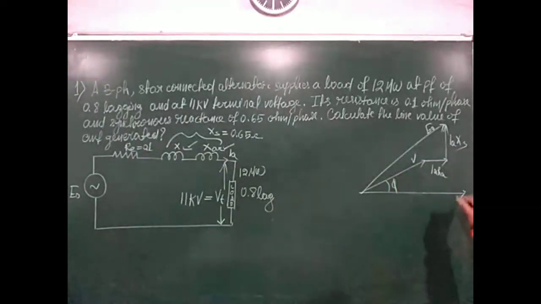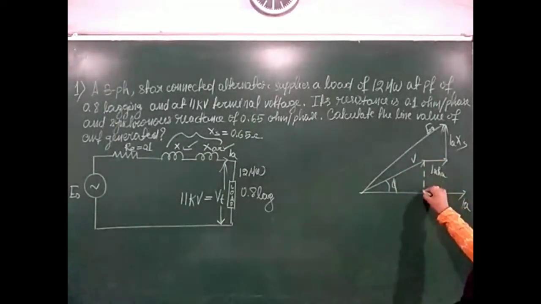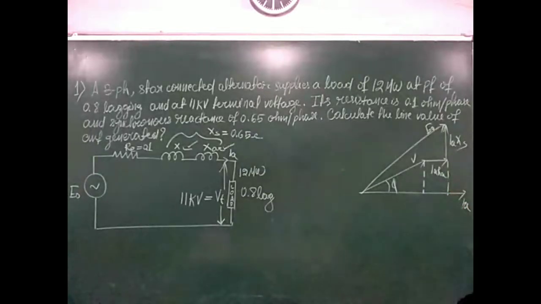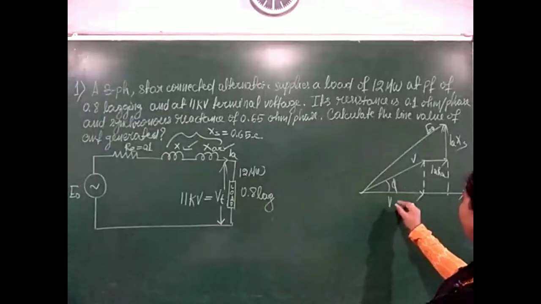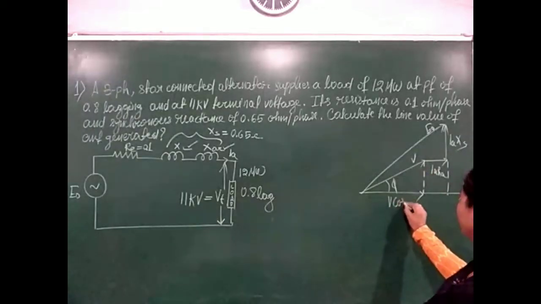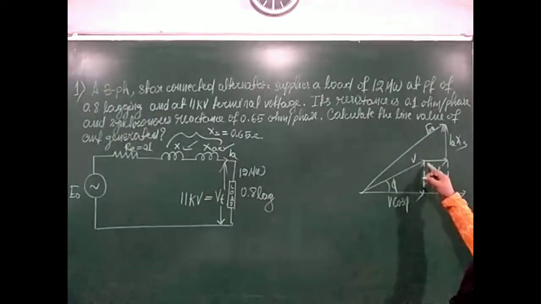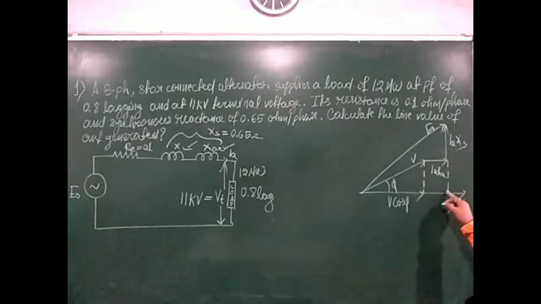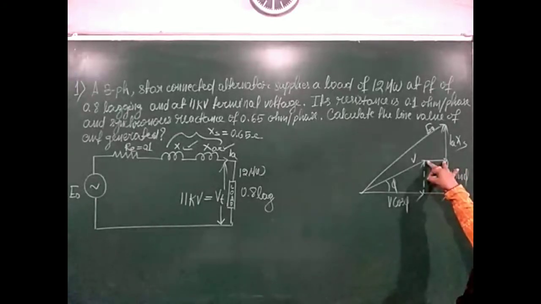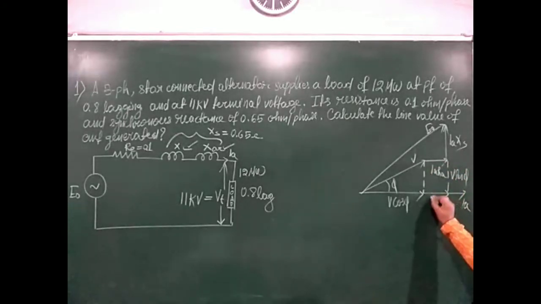Now if I draw a perpendicular line, then this vector is V cos phi, and this vector, which is the same as this vector, is V sin phi, and this vector is the same as this vector, it is Ia Ra.